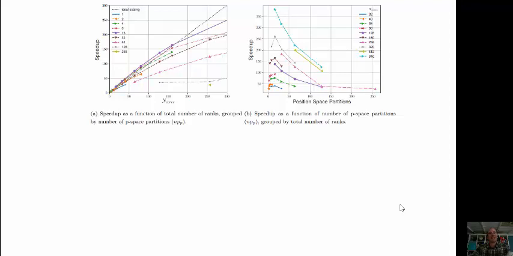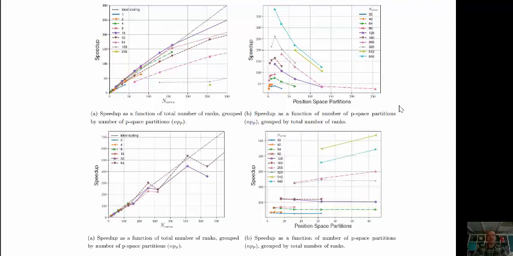The dotted black line is linear speed up, and you can see in this particular application, if we ran with 16 physical space partitions, we were able to actually achieve superlinear speed up. The same data is plotted in a slightly different way on the right hand side, where we're fixing the total number of cores, the number of processes we're running, and the x-axis represents the number of physical space partitions.